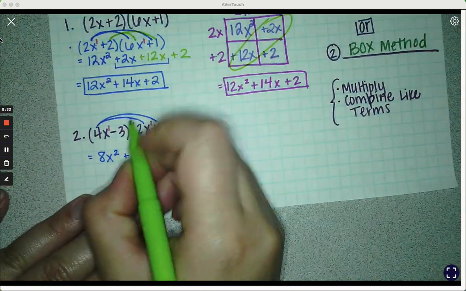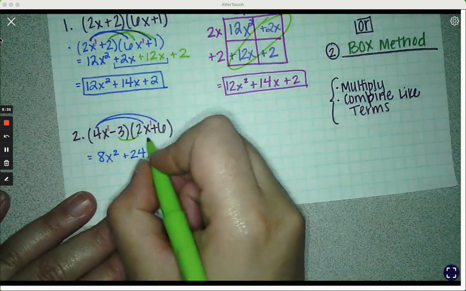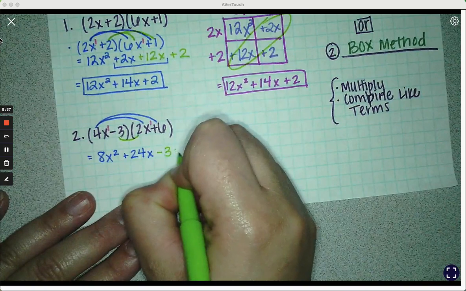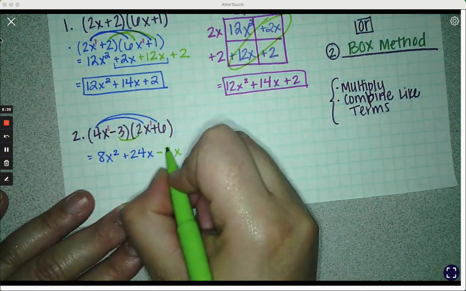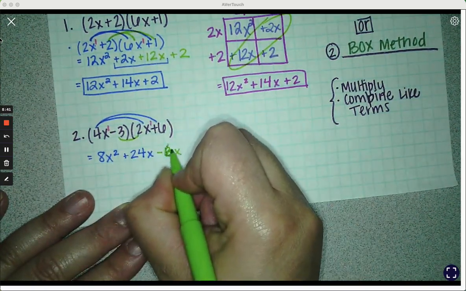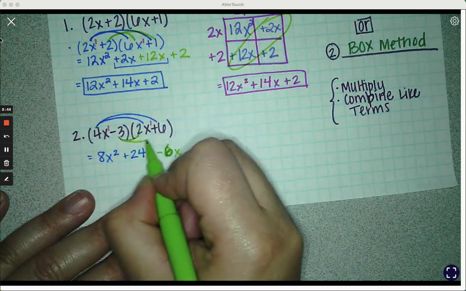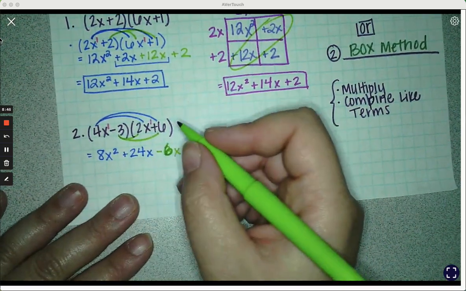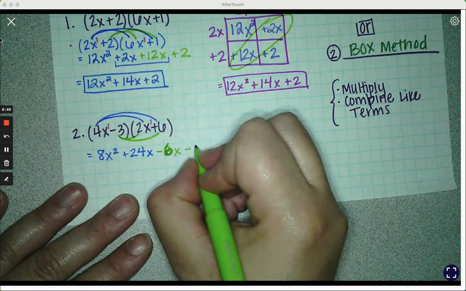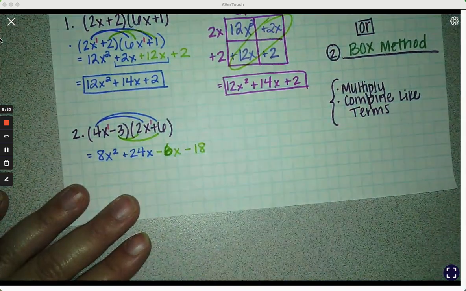And then negative 3 times 2x, minus 6x. Negative 3 times negative 6 is negative 18.